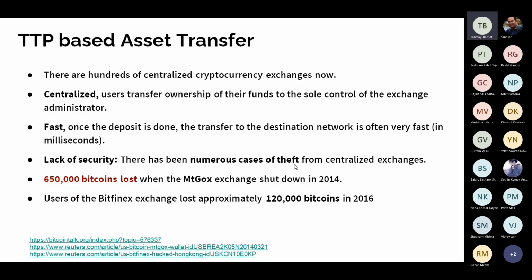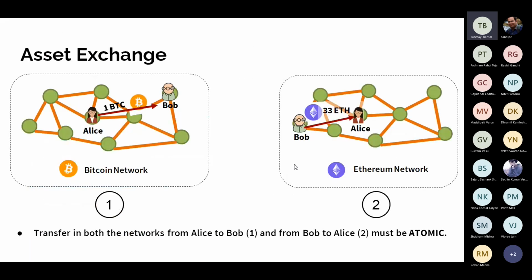So with that idea, people came up with different such algorithms, or protocols rather, for interoperability among these permissionless blockchains, and they show how such asset transfer can be done. So first, I show this example where we are talking about asset exchange.